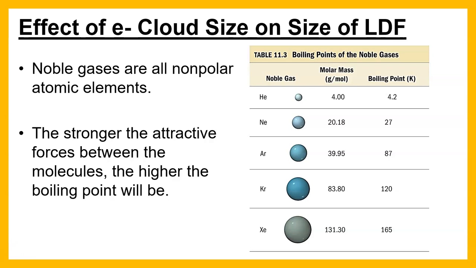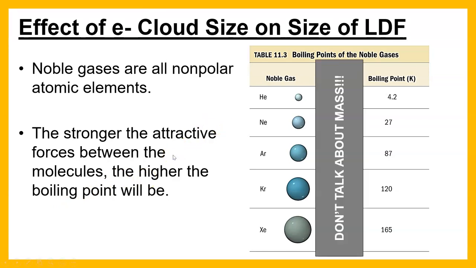Now this is a picture from a textbook. I don't even know what book at this point, but I have always hated this picture a little bit because I really don't like that they have a column here for molar mass, because mass is not the reason for this. So I've decided to literally cover that up.